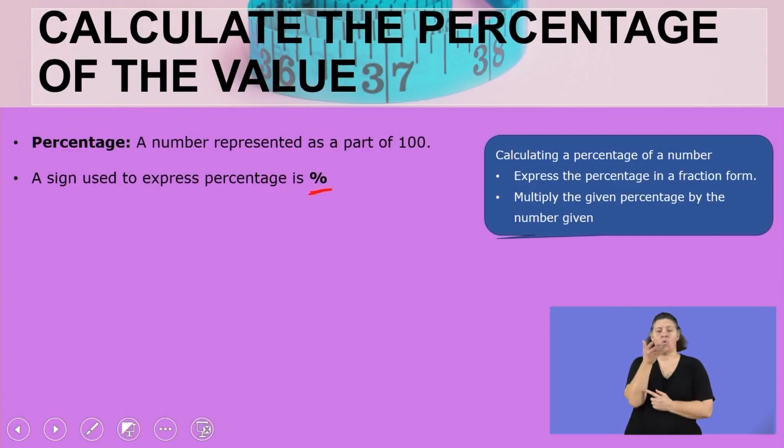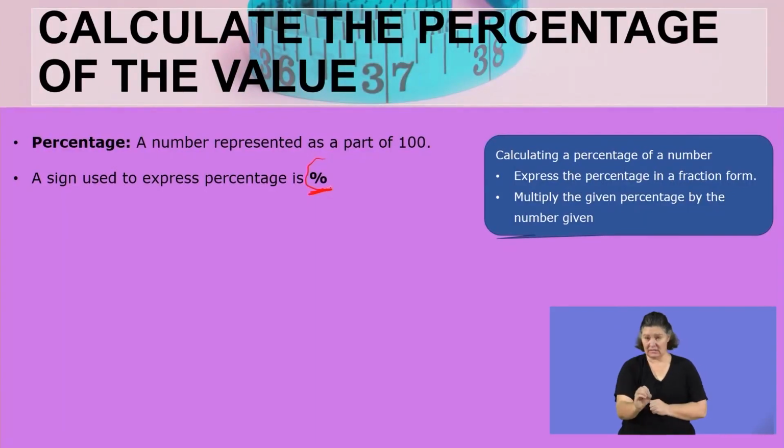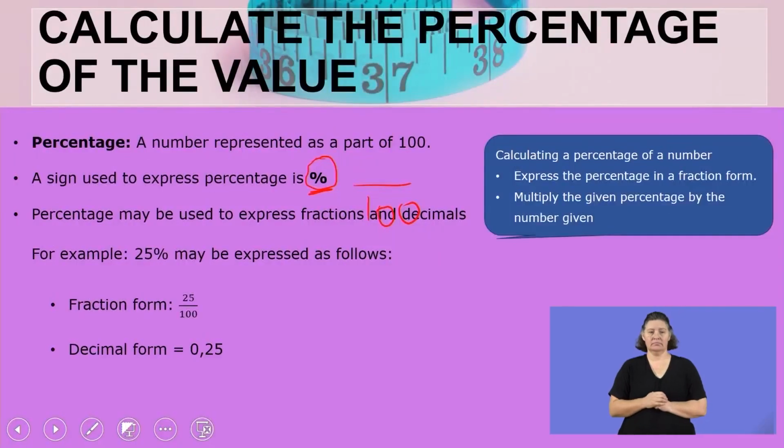So when we talk about the percentage, this sign will be interpreted as divide by 100, because a percentage is a number which is represented as a part of 100.